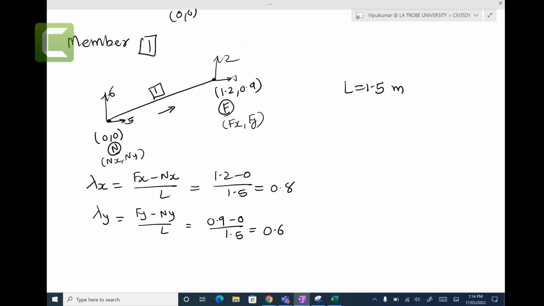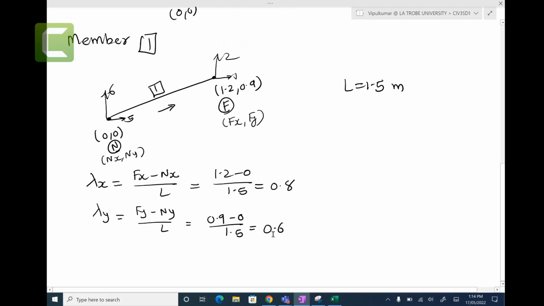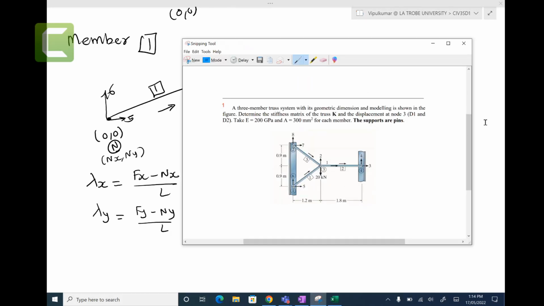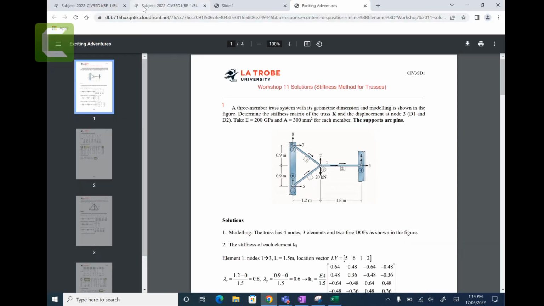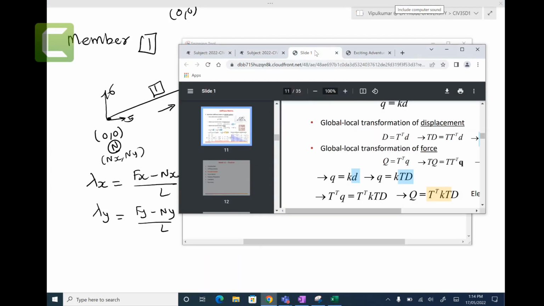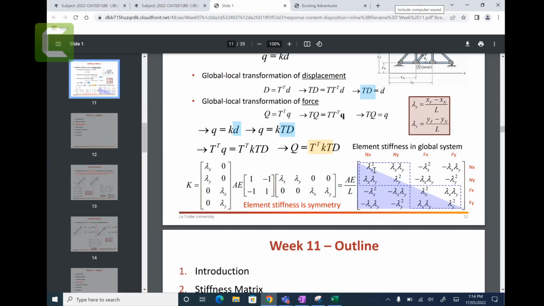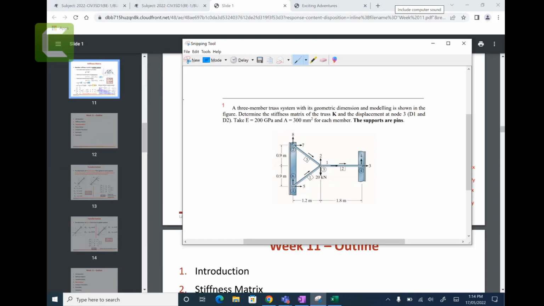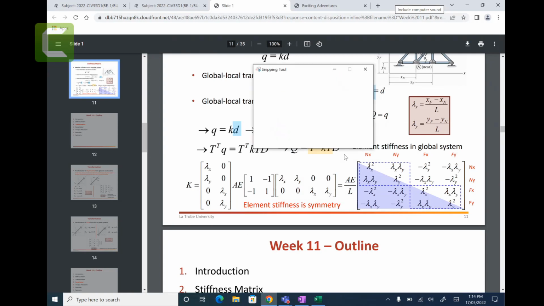Once you have done this, you can take these equations from our lecture notes.